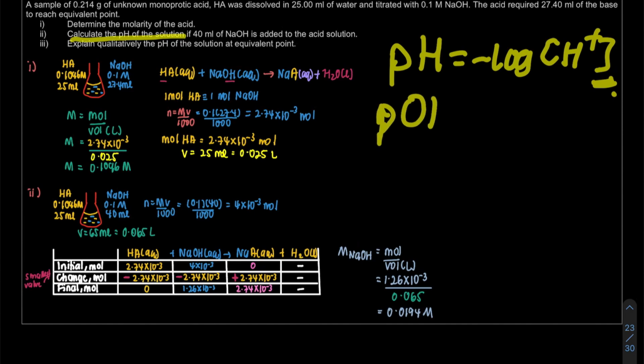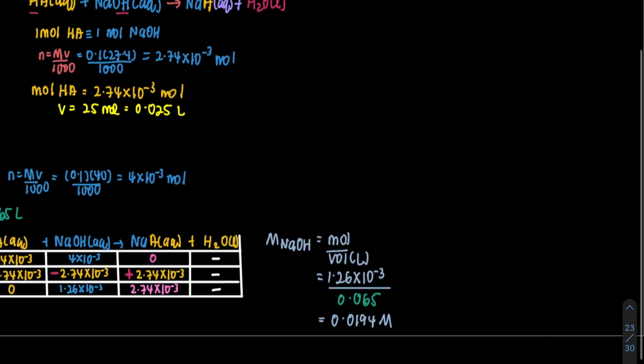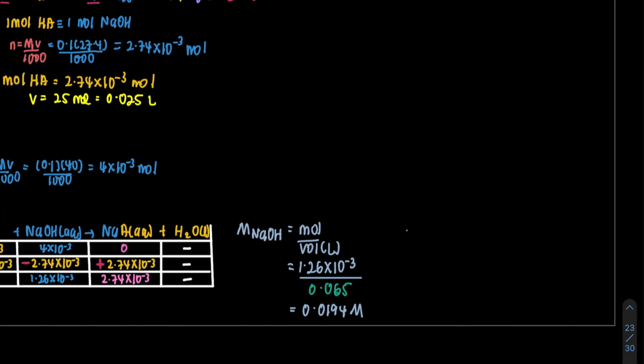Or we could also use pOH is equal to negative log OH minus. So from this information, actually we don't get the pH directly. We get the pOH first. Okay, so how to find out the pOH? pOH is equal to negative log OH minus, which is negative log 0.0194, equivalent to 1.71.